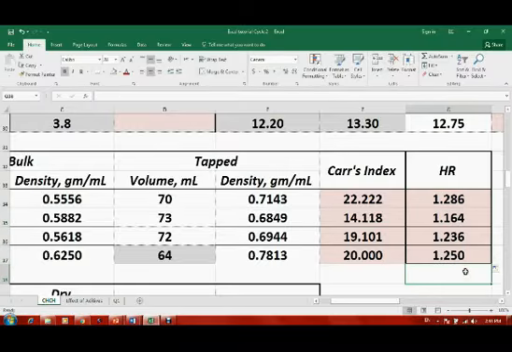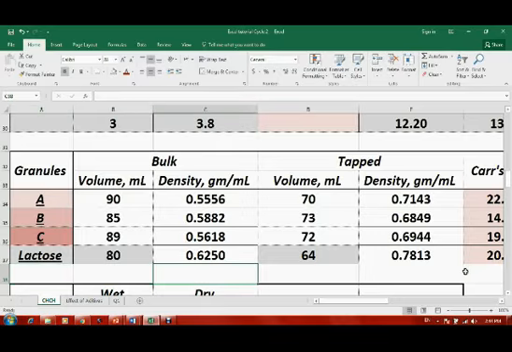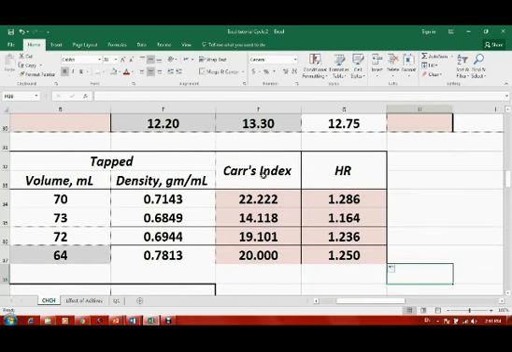It is calculated as a ratio. Here are your calculated numbers.